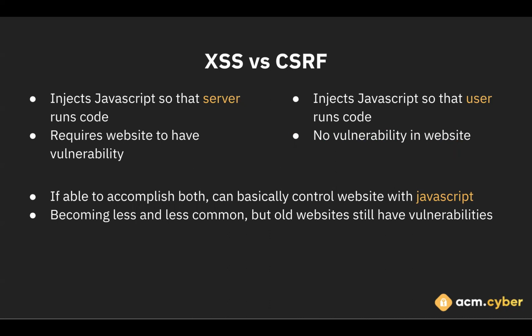In fact, it requires a vulnerability in the browser and the APIs between the browser and the server. And if you're able to do both XSS and CSRF, then you can basically run JavaScript on both the server side and the user side. And that can be very, very, very dangerous. CSRF is becoming less and less common, but if you go on old websites, you can still find vulnerabilities all the time because people don't like to update their websites.